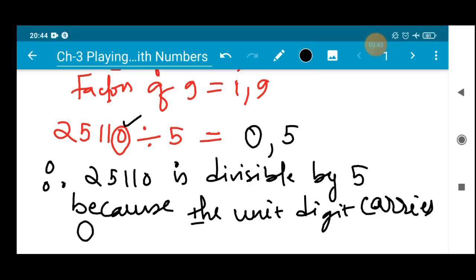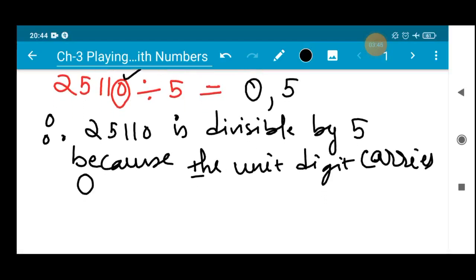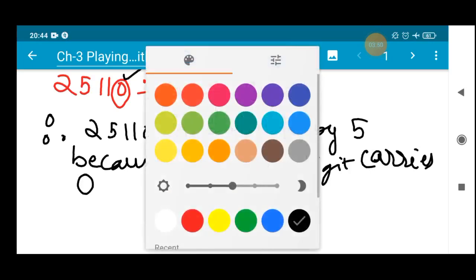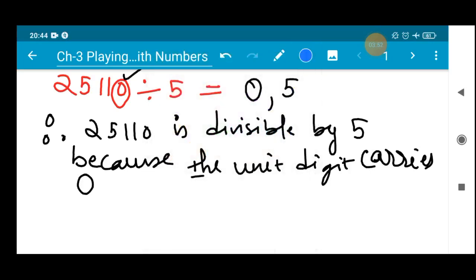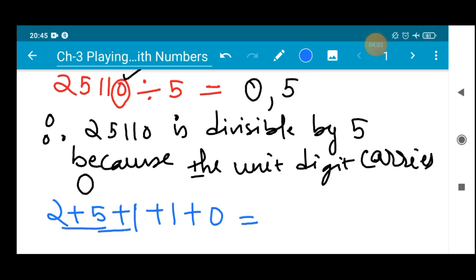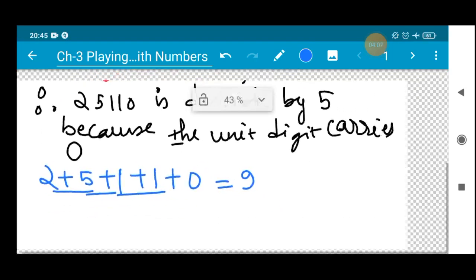That's why the number is divisible by 5. Now in order to check by 9, we have to add all the digits given to us, that is 2, 5, 1, plus 1, plus 0. So 2 plus 5 is 7, 7 plus 1 is 8, 8 plus 1 is 9, and 9 plus 0 is 9. Of course 9 is divisible by 9.